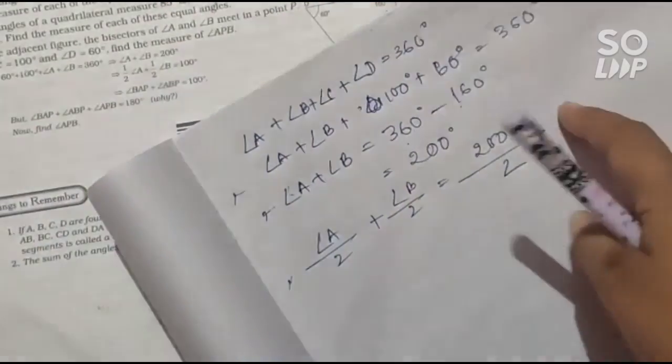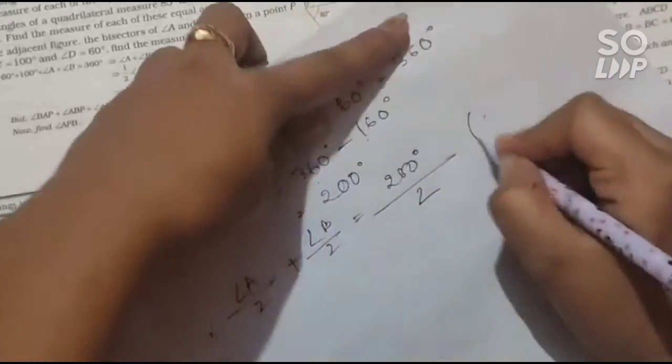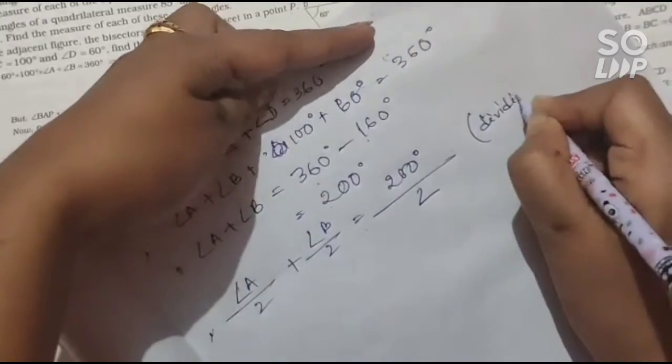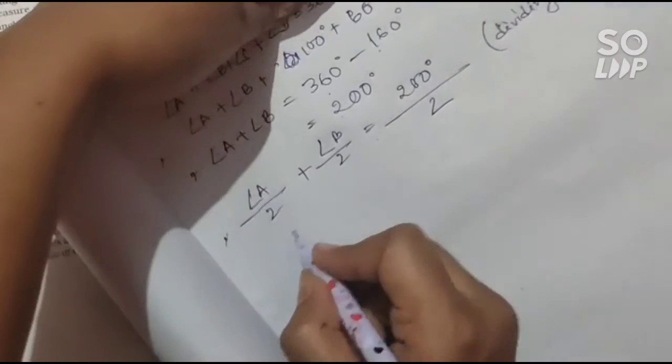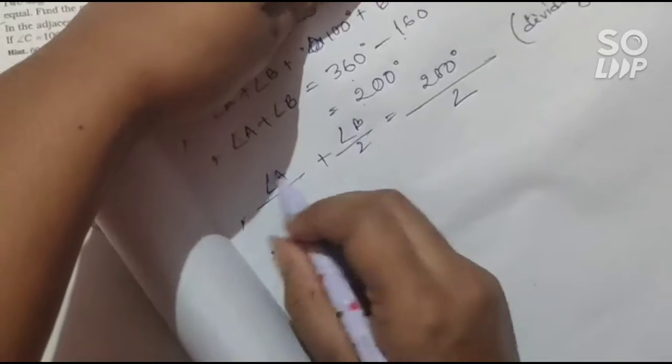So left hand side and right hand side are both divided by 2.